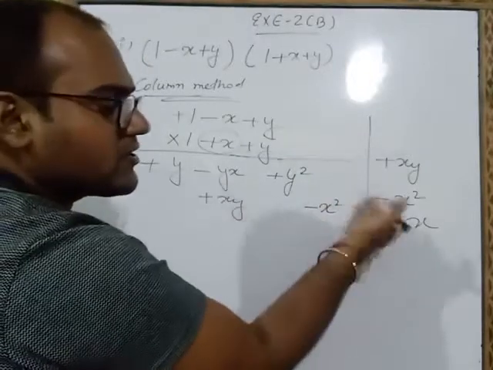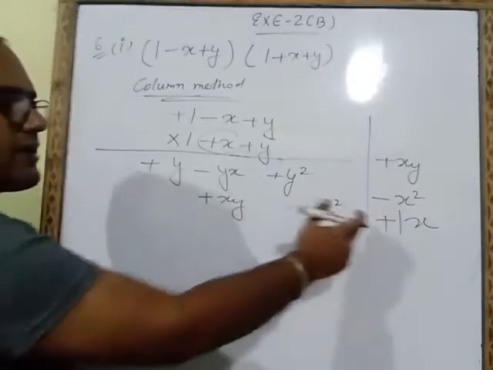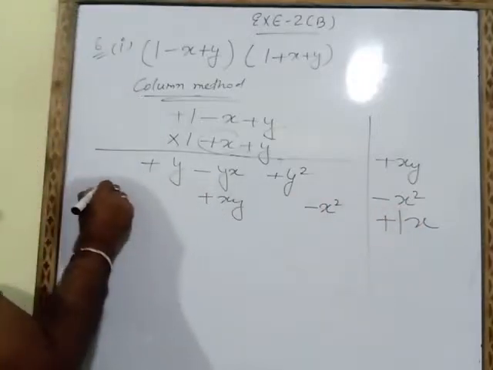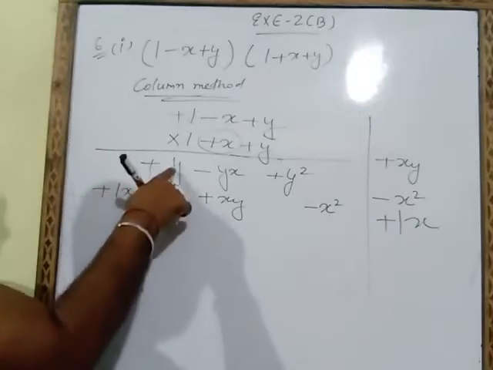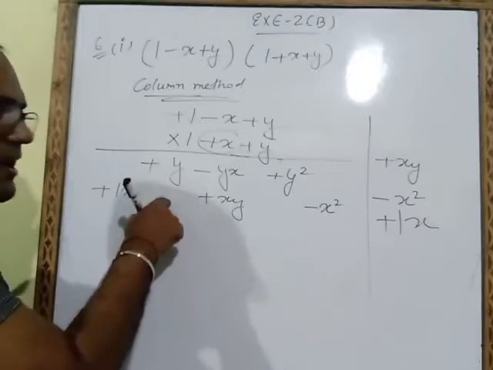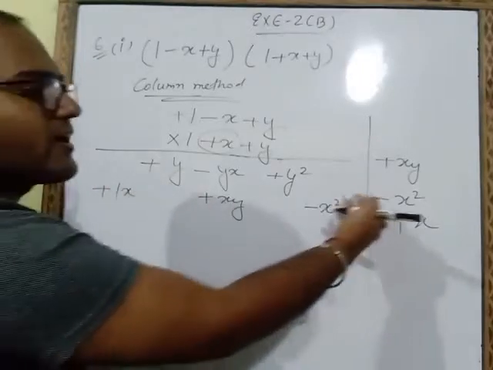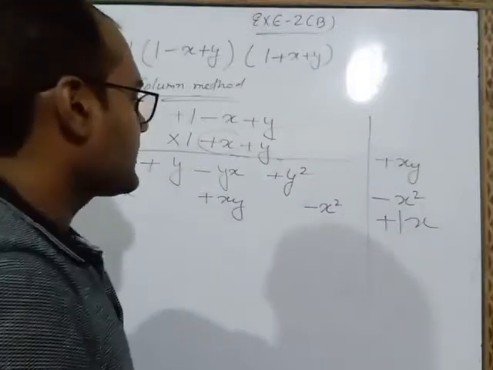It is not compulsory to write in the end. We have to write it separately. In the beginning also we can write plus 1x. No need to write it under this, because here we have to write the y alphabet. So we will write it separately in the beginning, or we can write in the end. It's your choice.